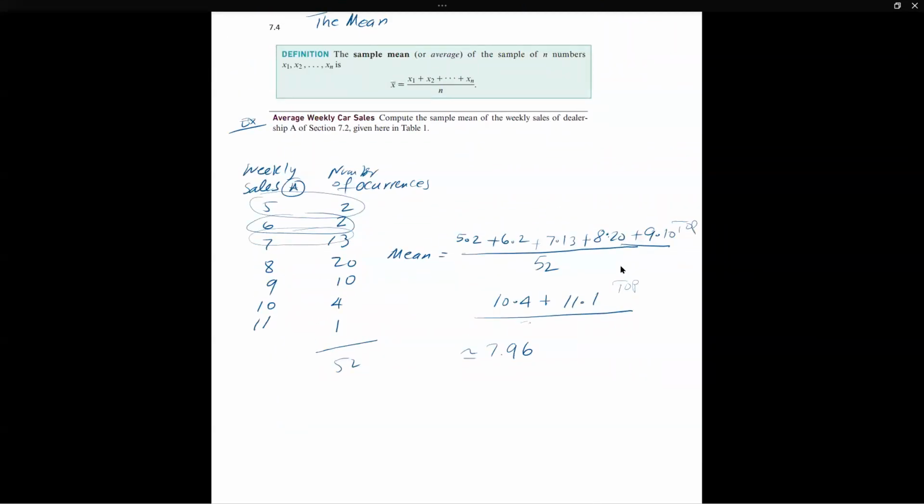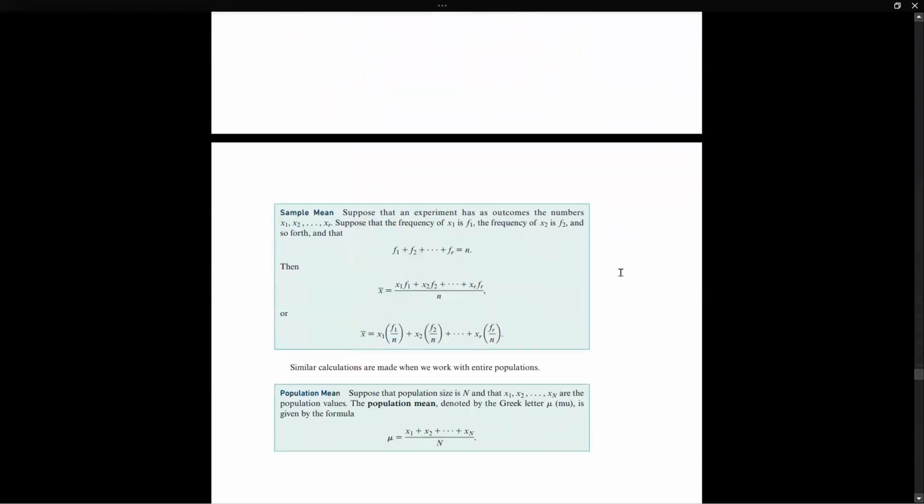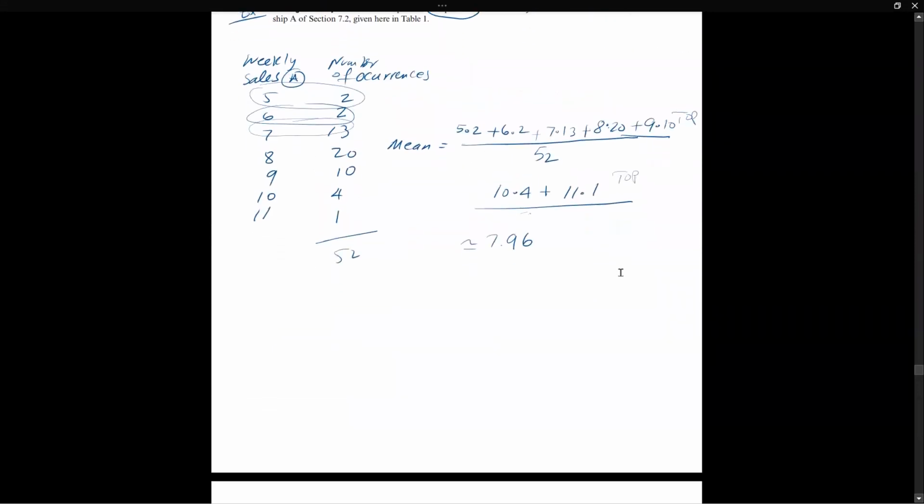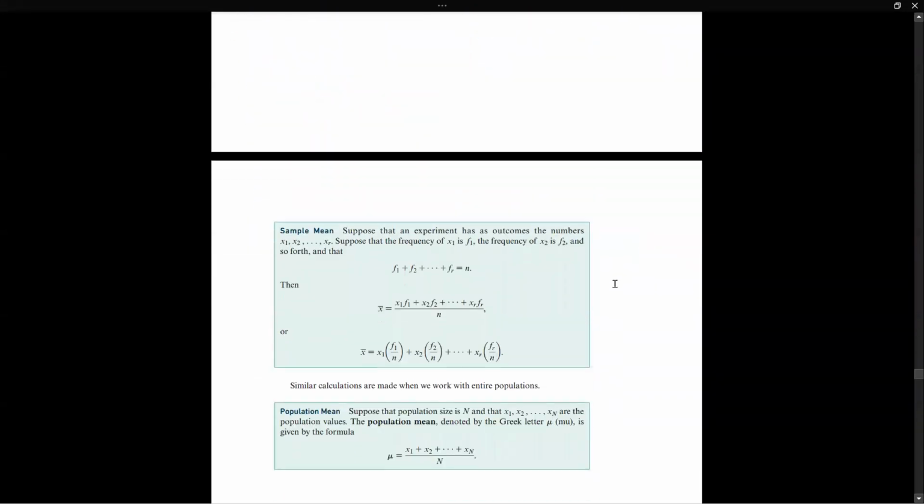Suppose you have an experiment that has outcomes of the numbers x1, x2 to xr, suppose that the frequency of x1 is f1, the frequency of x2 is f2, and so forth. When it says here number of occurrences, that means the frequency.